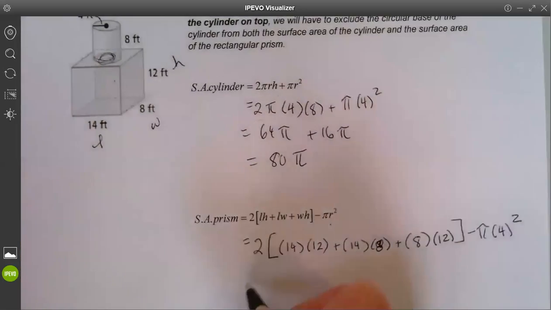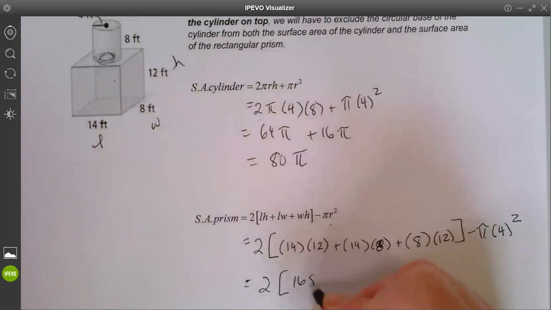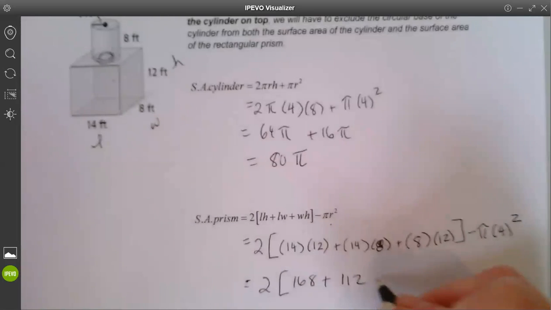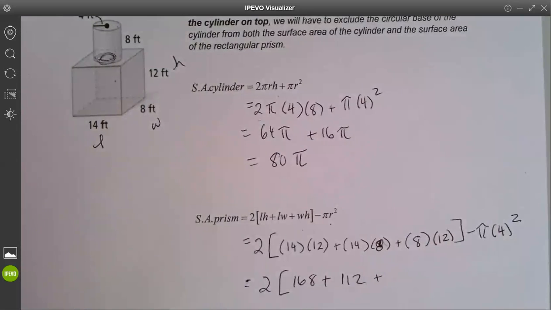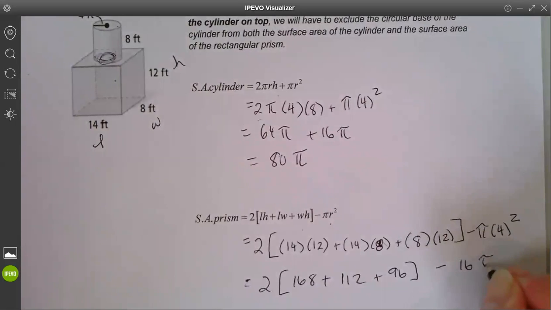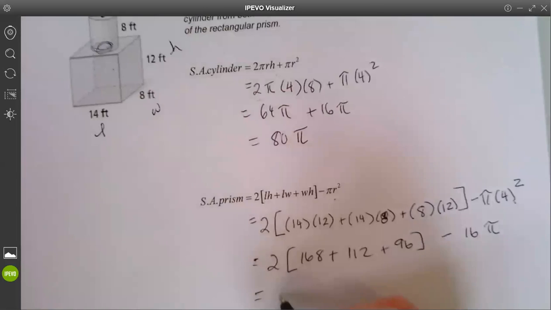So now we're going to clean this up. So I have to get out my calculator. 14 times 12, 168, 14 times 8, 112, and 8 times 12 is 96. And this will give us 16 pi, because 4 squared times pi. I'm going to clean up what's in the brackets.